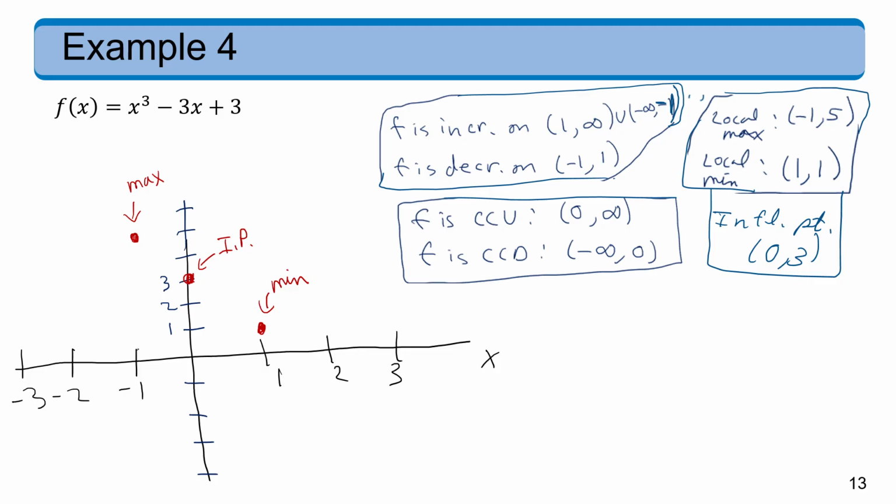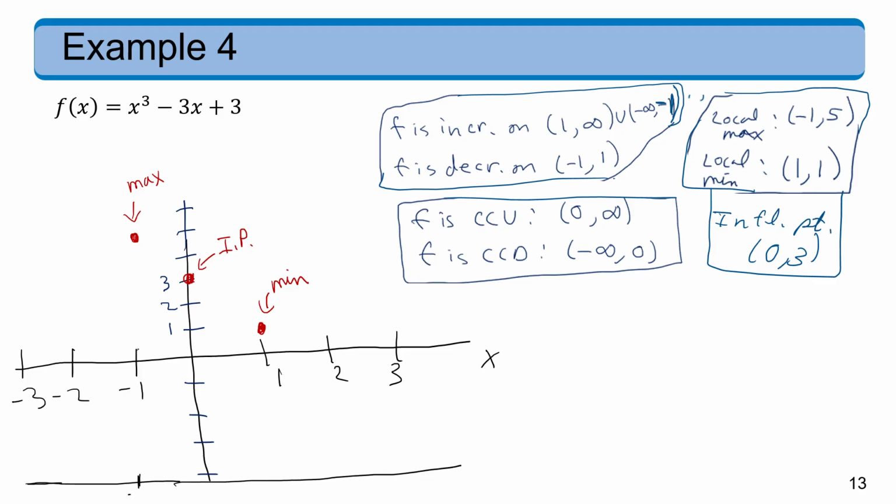Now, let's look at our intervals. So increasing, decreasing, we had this number line. I'm going to recreate it down below the graph. And if you look at our intervals up here, the only numbers we see other than infinities are 1 and -1. So I'm going to mark off, line them up.